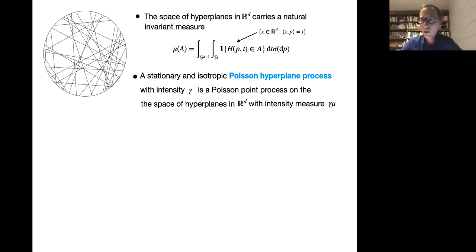And this Poisson point process, so this random collection of hyperplanes, induces a tessellation. So here is a visualization of the tessellation of this Poisson hyperplane process. At least you can see it in a ball here. It lives in R^d, but I can draw you only a picture in a ball. Here you see all these random hyperplanes that belong to this Poisson hyperplane process, and they, of course, cut the space into random polytopes.